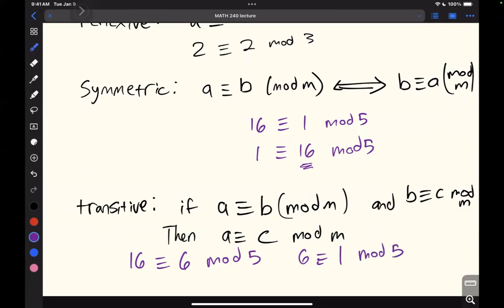All three of those are just 1 on our modulus clock of 5. Then 16 is congruent to 1 mod 5. That's how we get there. We could also choose 16, 11, 6, and 1. All of those are 1 modulo 5, and the transitive property gets us there.